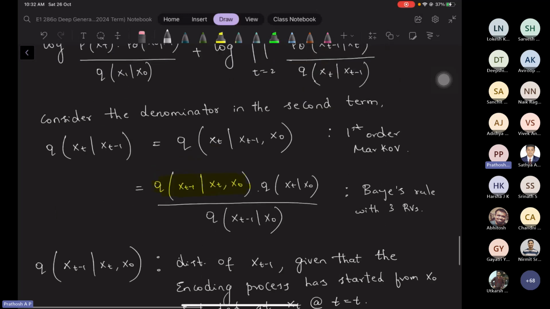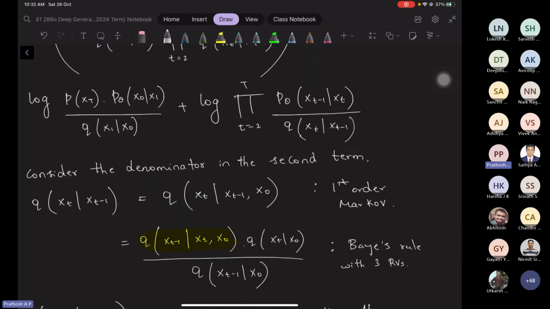The one question that might come up here is why did we write this in terms of this weird distribution? Because if you keep it as q of xt given xt minus 1, the numerator is going in one direction, the decoding distribution p theta is going in the reverse direction, and the denominator is going in the forward direction, as it is.